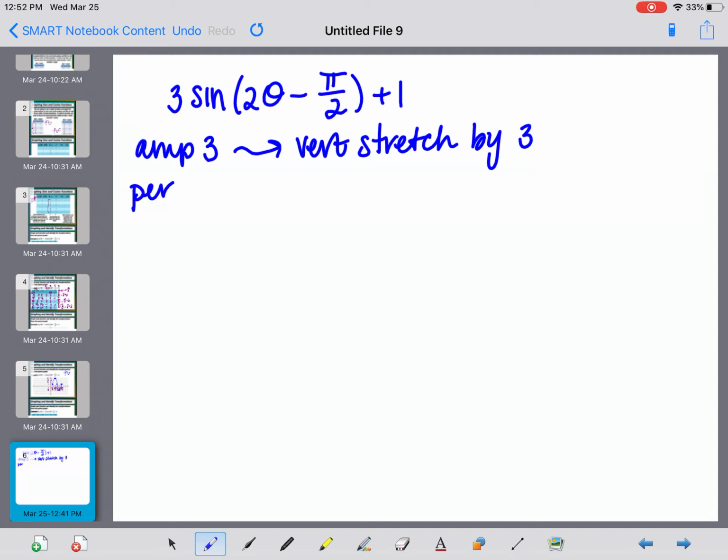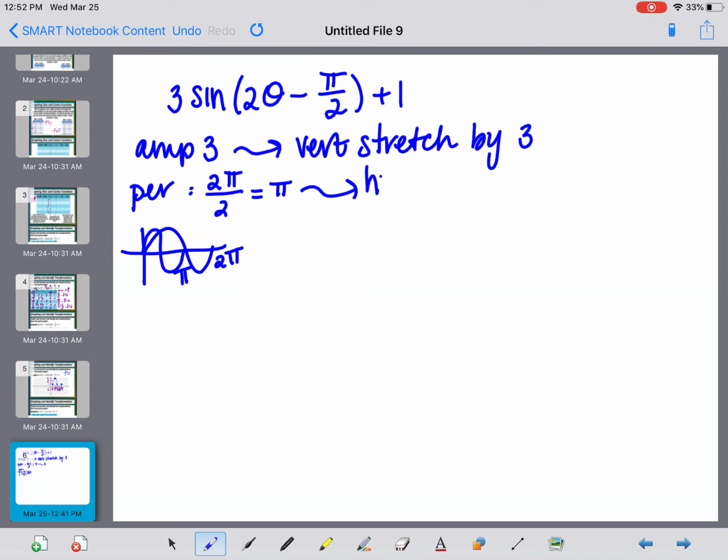Okay, my period, 2 pi over b, my period is now pi. So remember that the period of the parent function is 2 pi. So we've gone from graphing an entire cycle in a period of 2 pi to now having to do the entire thing in 1 pi.